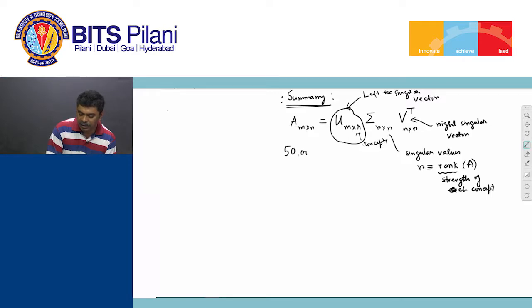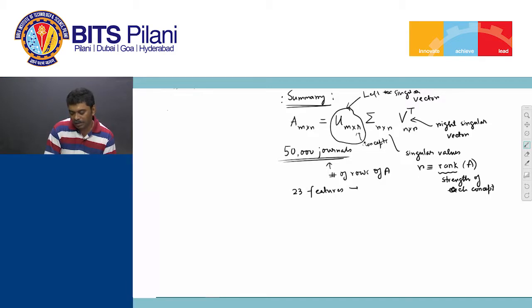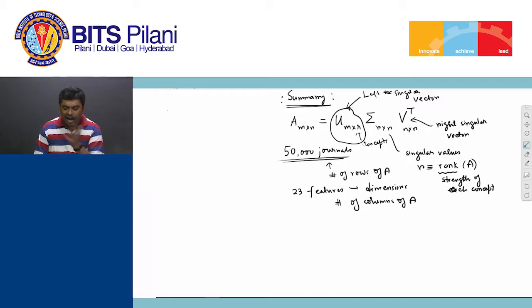There were 50,000 journals to parse through, and those were the number of rows of A. And we had about 23 features or dimensions, which were nothing but the number of columns of A. r is whatever; we pre-decided that r would be 4.